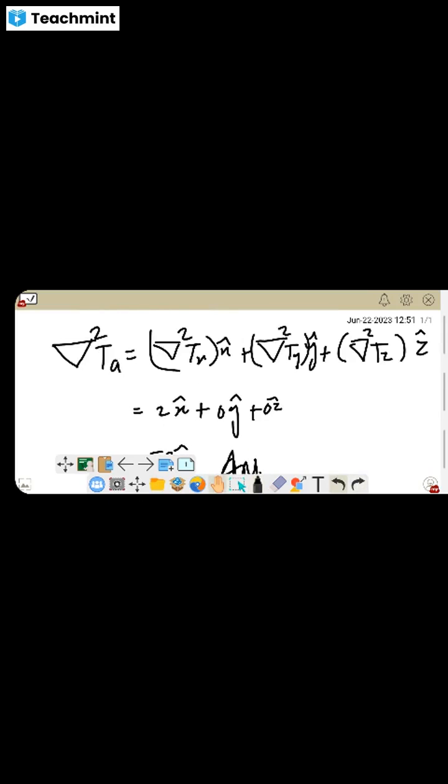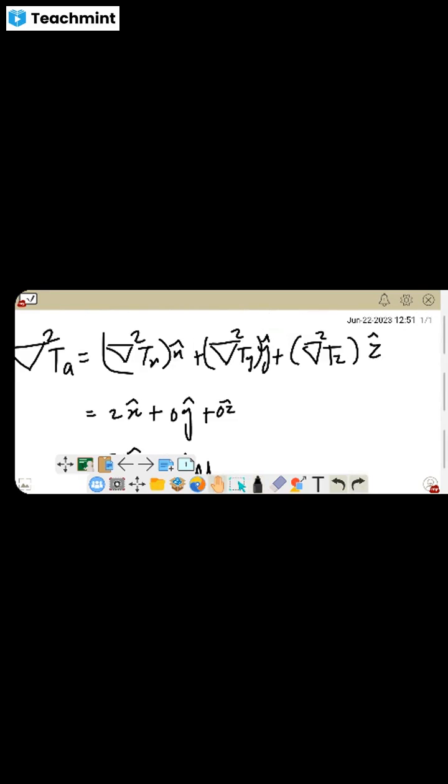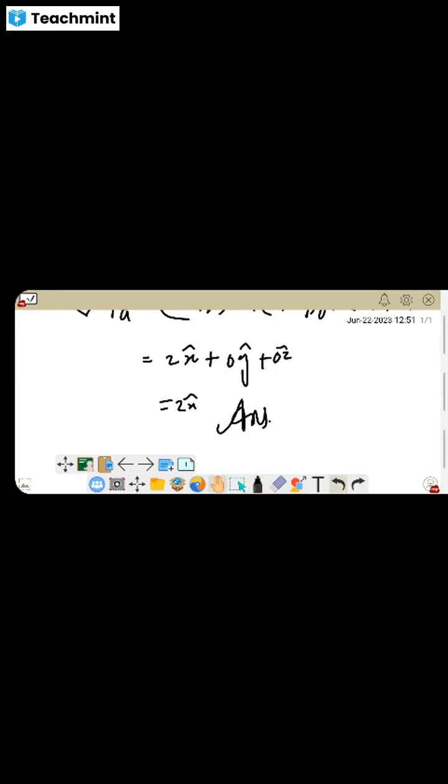The second order with respect to z is 2, and these both are zeros that we have found. So put 0, and we have this Laplacian of T. You can do the next question in a similar way.